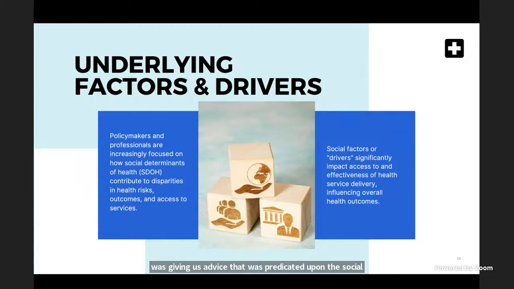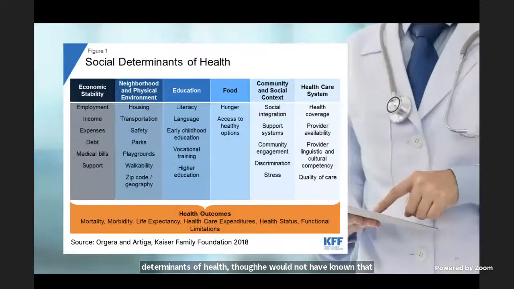But we all know that underlying factors can affect our well-being. And the long story short, we ended up finding an apartment closer to town, and we lived in that for a couple of years until we moved on in our life journey.